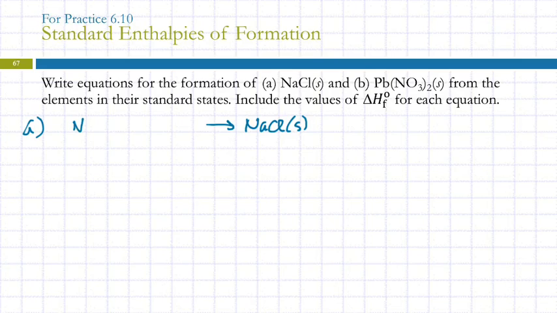We've got sodium and we've got chlorine. We need to have these in their standard states. What do you think the standard state for a metal is? Solid, liquid, gas? Solid. So the standard state for sodium is sodium in the solid state. It's not a diatomic element or anything funky like that.